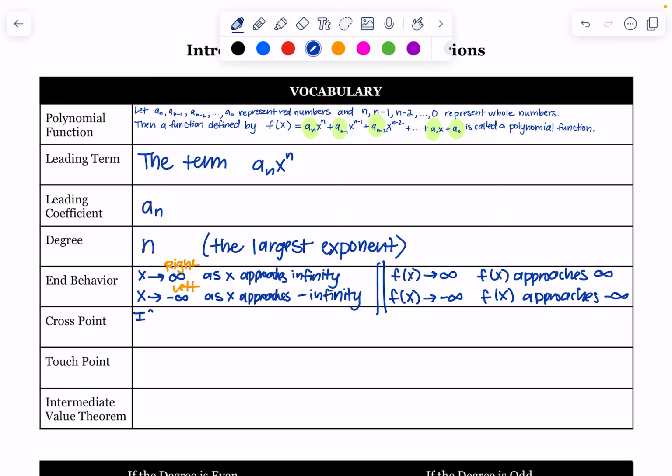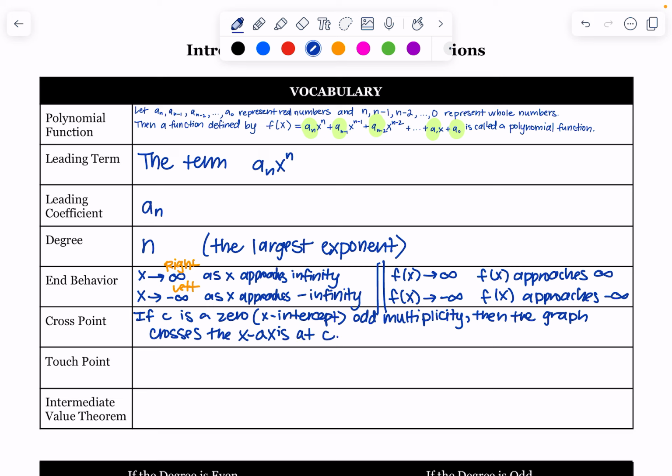So if C is a 0, and I'm going to put in parentheses x-intercept, if C is a 0 of odd multiplicity, then the graph crosses the x-axis at C. And we're going to see examples of that when we do some problems. I just wanted to get that down.